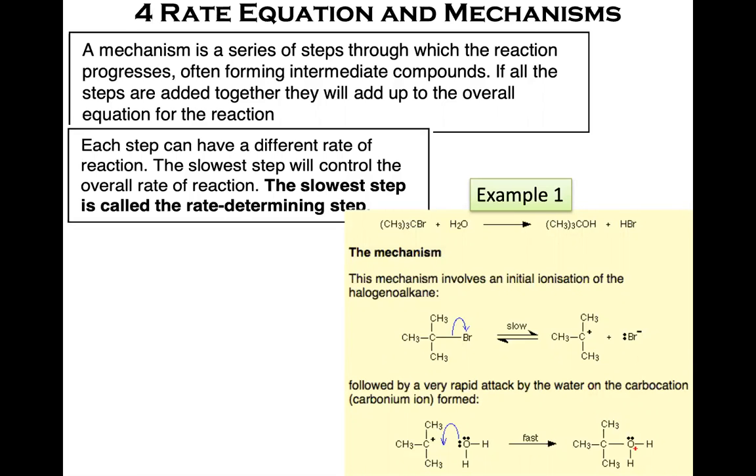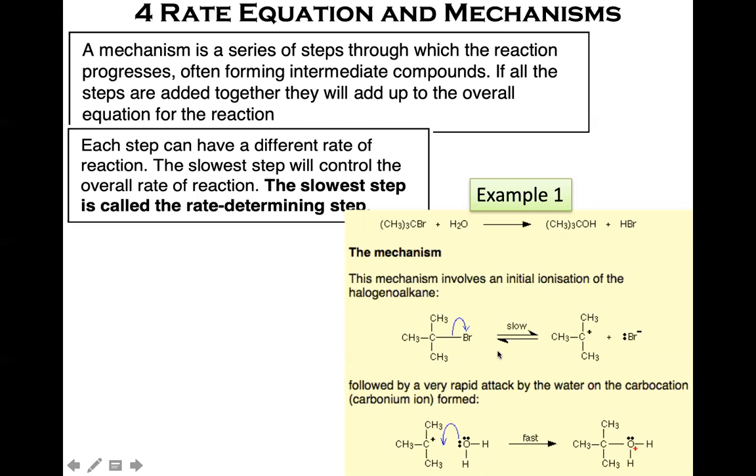Even if you have 5 steps, one of them will be a slow step, and that slow step is what we call the rate determining step. That means out of all the steps in a particular mechanism, only the slow step will determine the rate.